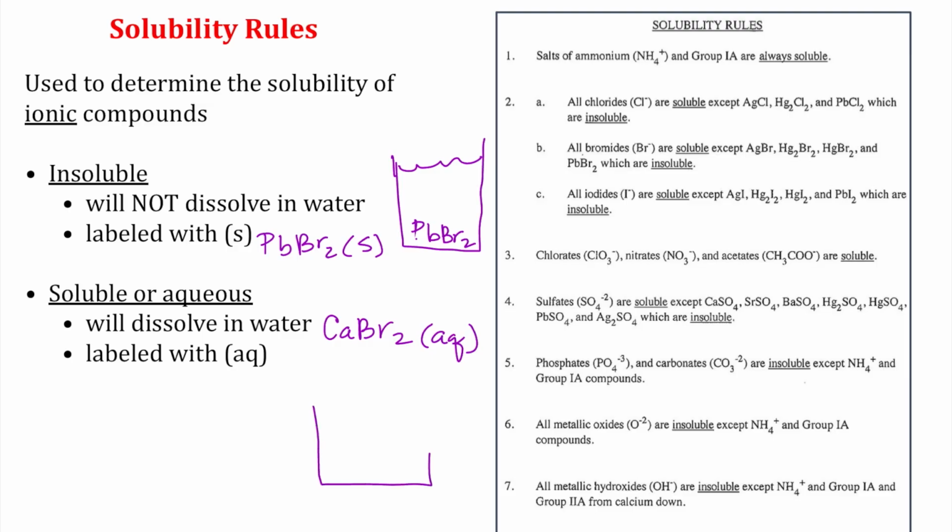And so we could draw our beaker showing what is going to happen. Well, if something is soluble, it is going to break up into ions because that water will dissolve apart those ions. And so we would model something that is soluble by breaking up that ionic compound into the ion parts.